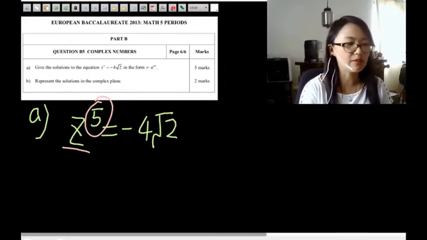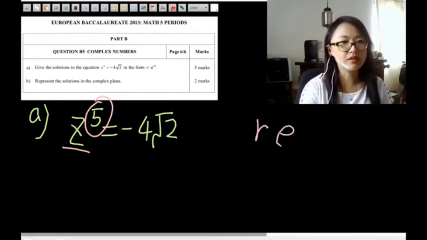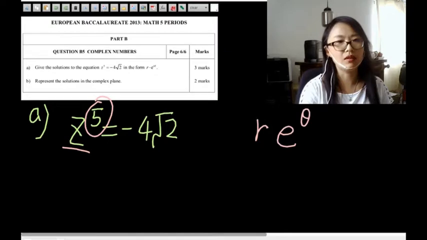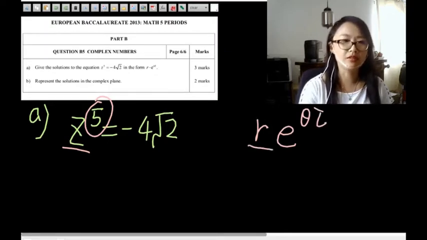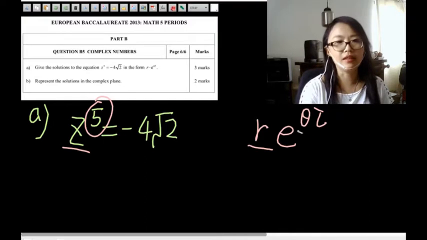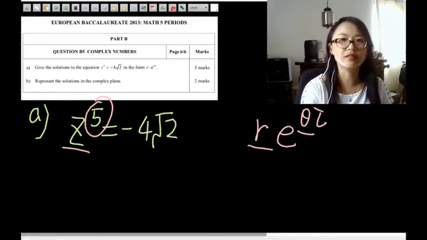Exponential form is normally Euler's form, which is r times e to the power of theta i. r is the magnitude, so how long the complex number is, and theta is the argument. So that is the angle.